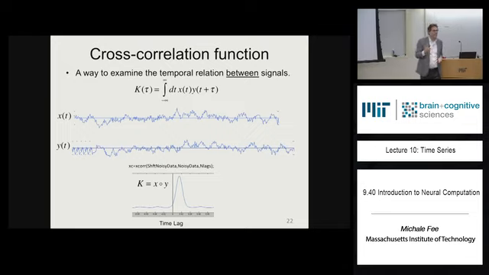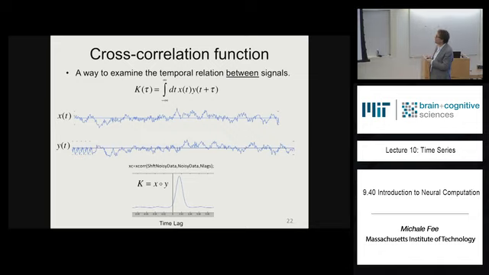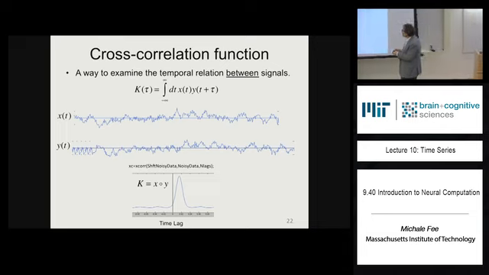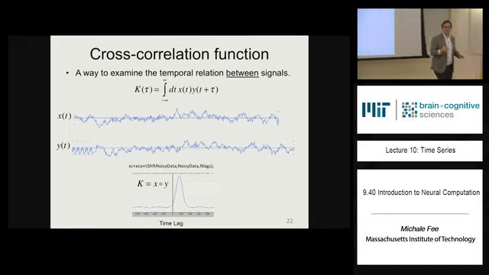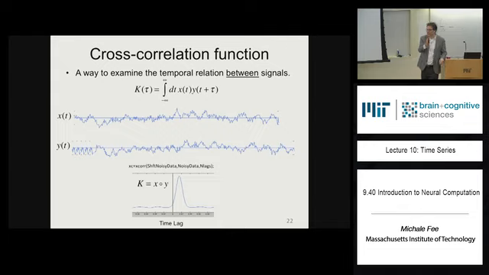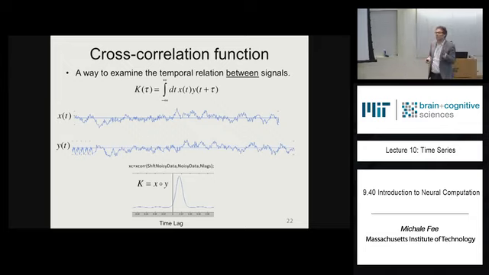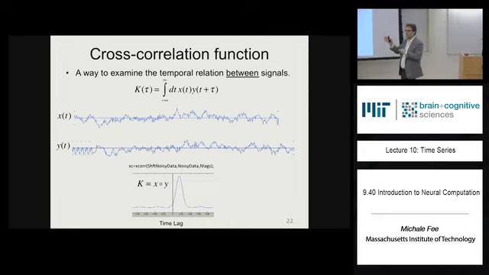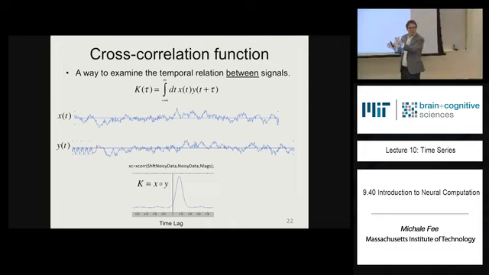There's another context in which this lag cross-correlation function is really useful. When we did the spike-triggered average, when we took spikes from a neuron and, at the time of those spikes, extracted what the input was to the neuron and averaged all of that, what we were really doing was a cross-correlation between the spike train of a neuron and the stimulus that drove that neuron, the stimulus that was input to that neuron.